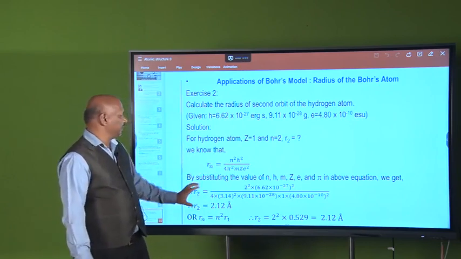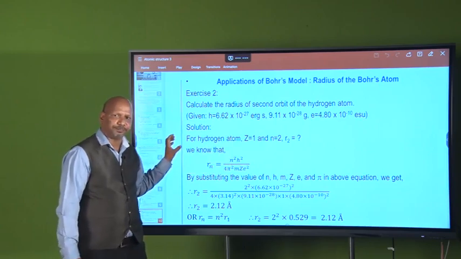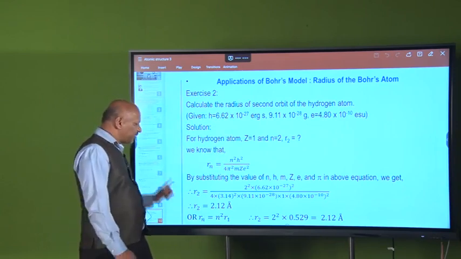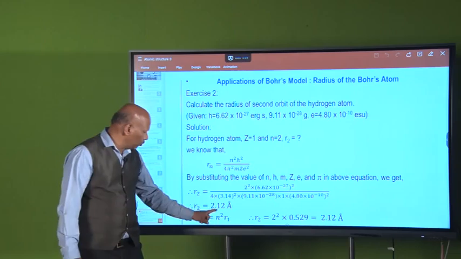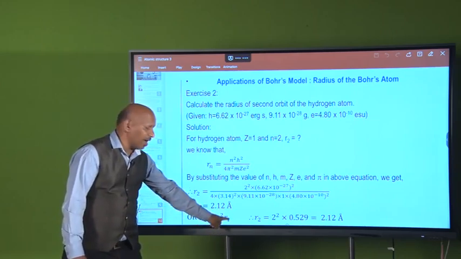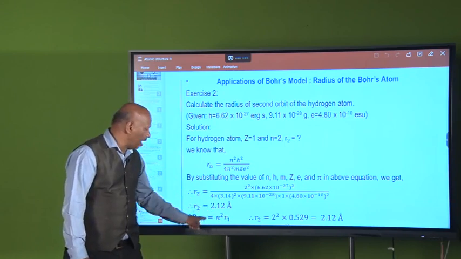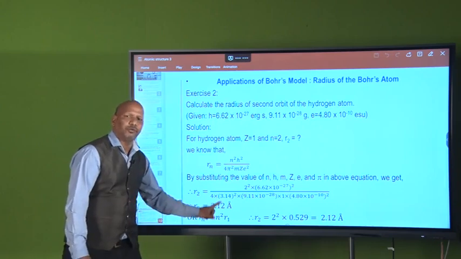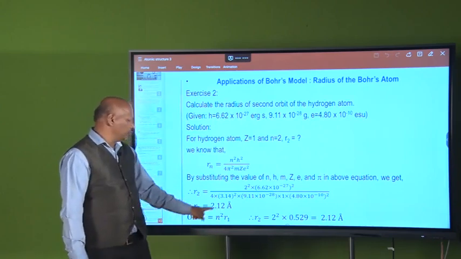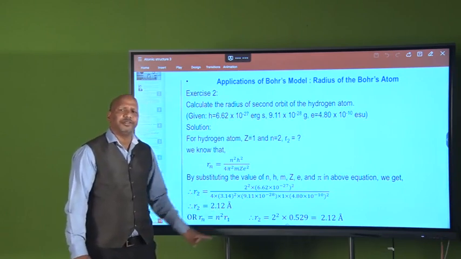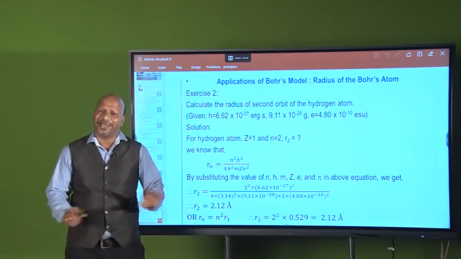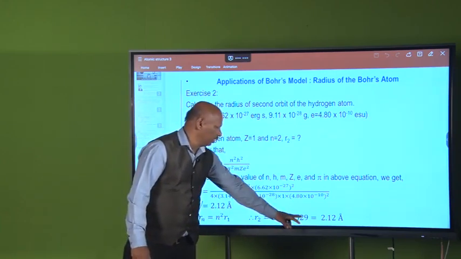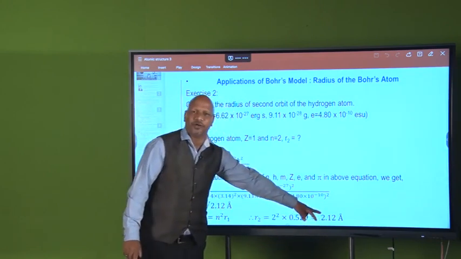For simplicity, if you see this equation and the previous equation for R1, you can generalize that Rn is equal to n square R1. If you know the value of R1, then you can find the radius of any orbit. Clear? So 2 square into the radius of the first orbit gives 2.12 angstrom unit.